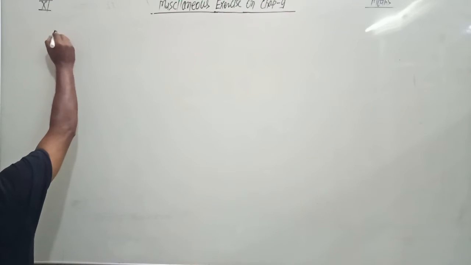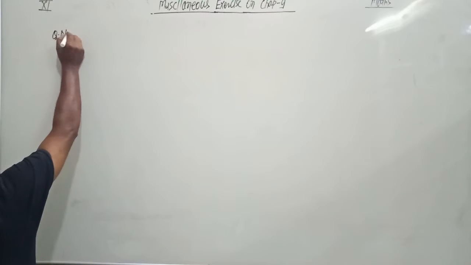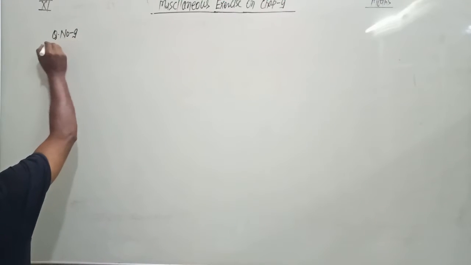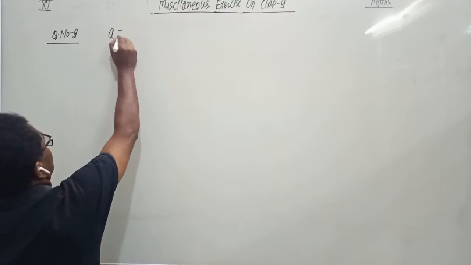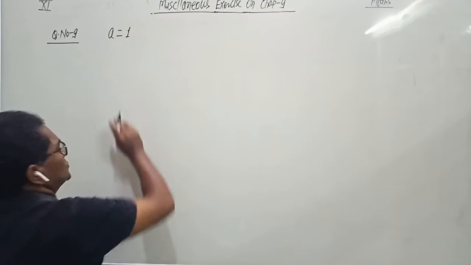Next, question number 9. The first term of a GP, a, equals 1.